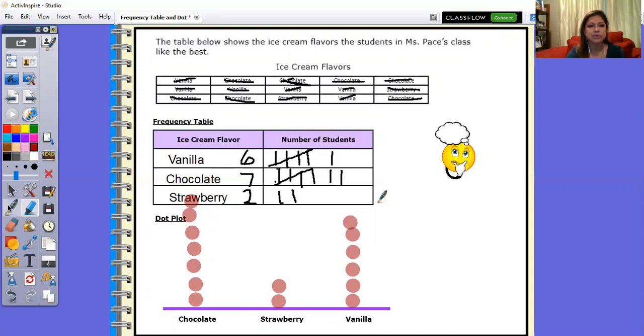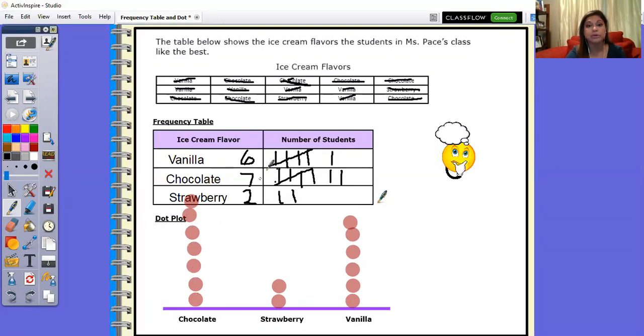Now, what if the question was, how many more students picked vanilla than strawberry? If I analyze that question, I'm comparing 2 different flavors, and I want to know which one had more and which one had less. So I'm going to subtract. In my plan, I'm going to work with those numbers.